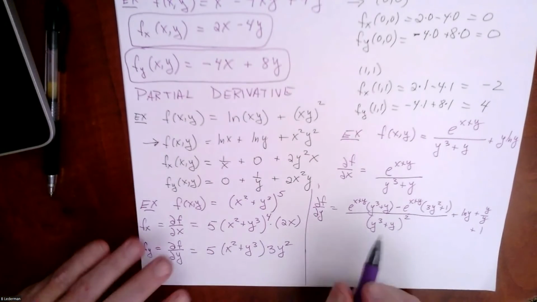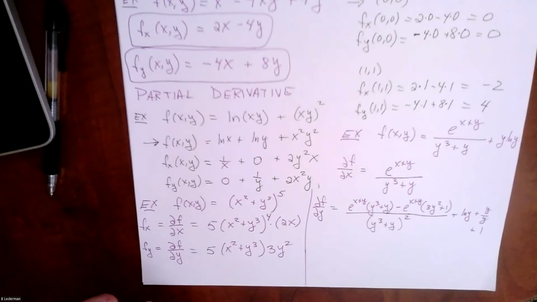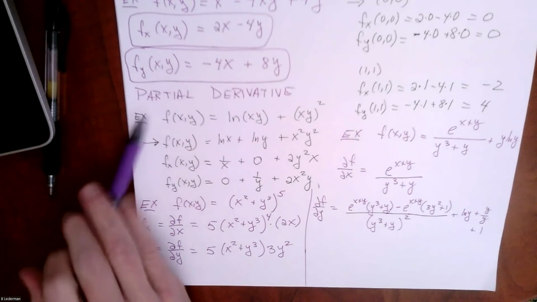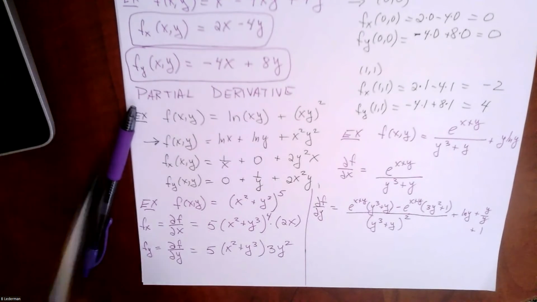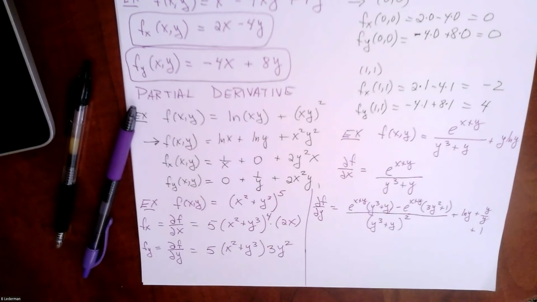So the answer is going to be, now, by the way, I wanted to just talk about simplifying. It's good to simplify, but this is the rule. If on a test I do not ask you to simplify, and you get the correct answer and you do not simplify, I will still give you full credit.